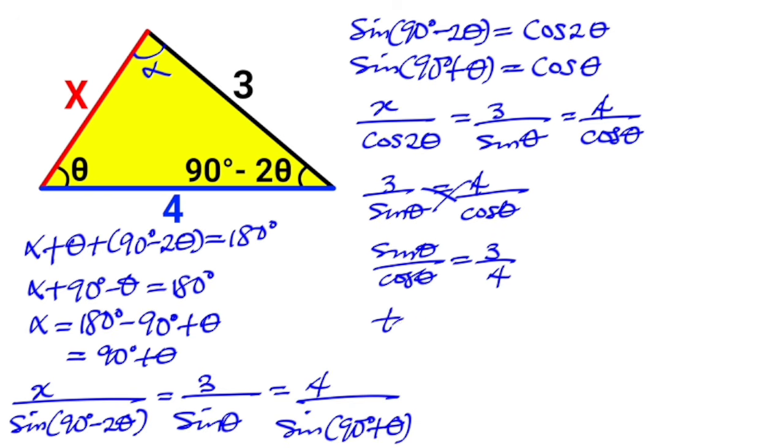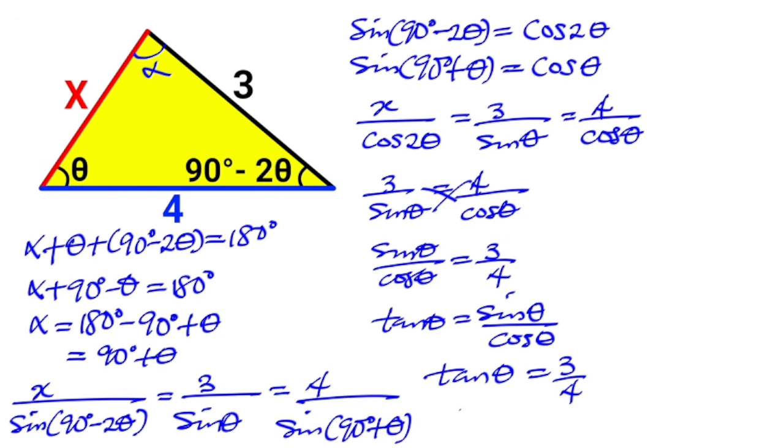Since tangent of theta is equal to the sine of theta divided by the cosine of theta, it follows that tangent of theta equals 3/4.